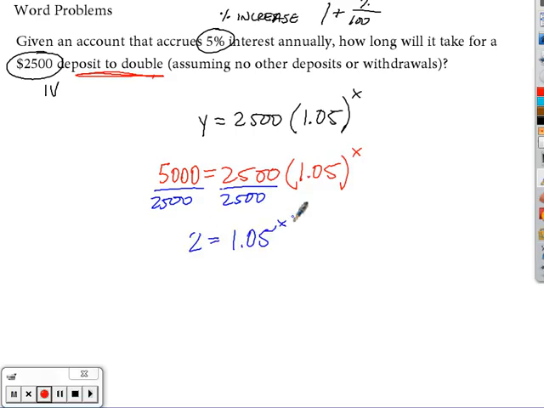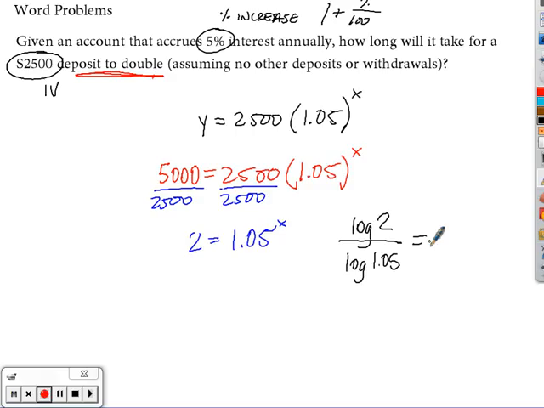And here we are at a place where we need change of base. This is sort of the big idea. This is the part that you've got to come out of this chapter with. The log of 2 divided by the log of 1.05 is how we arrive at our answer here. And there's no other way around that. There's not one you can do in your head or something like that.